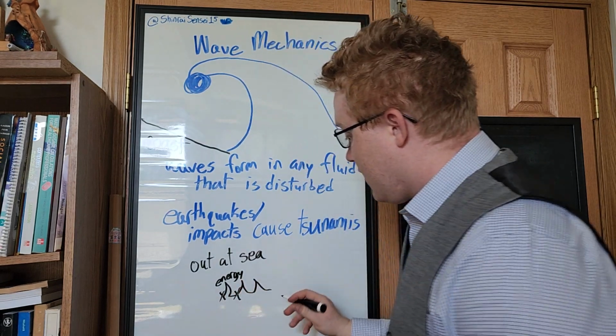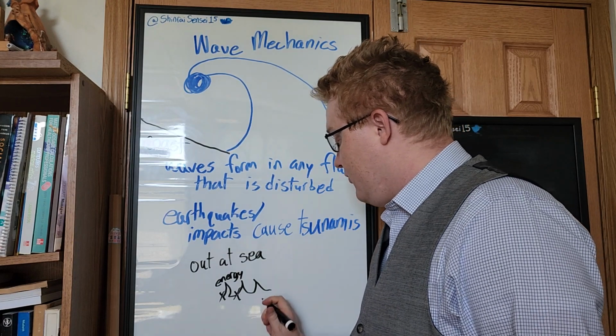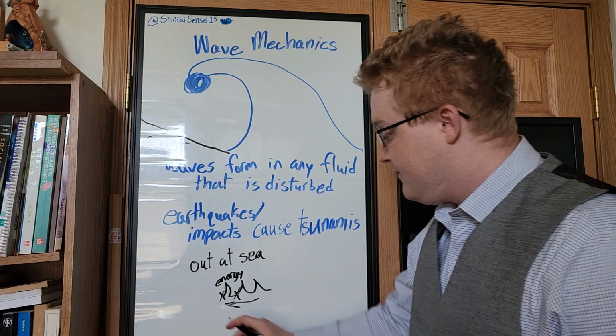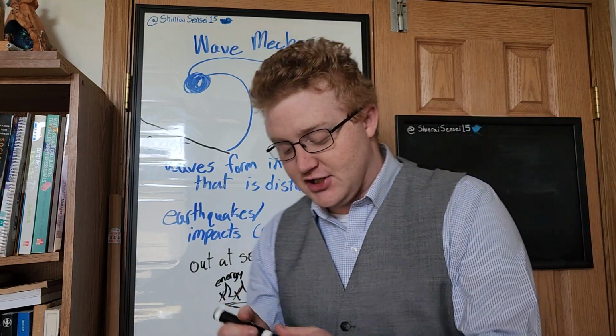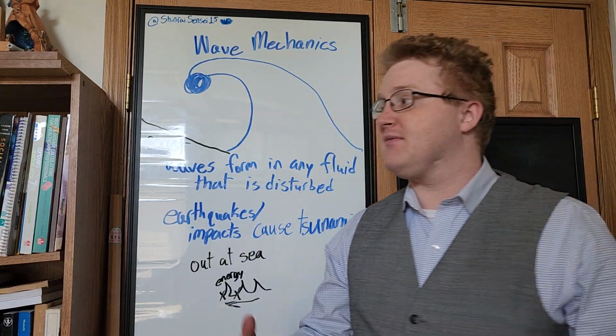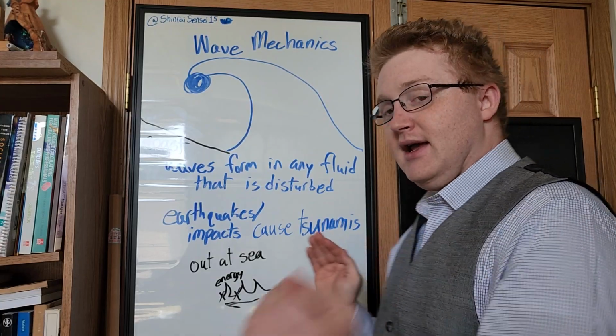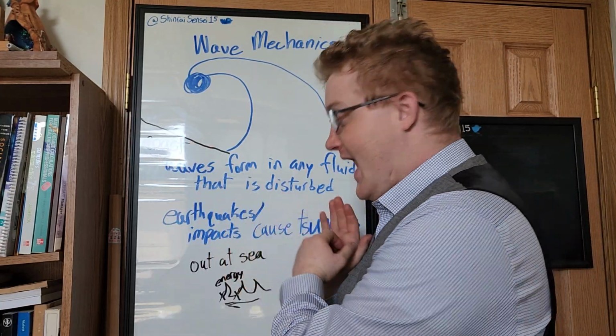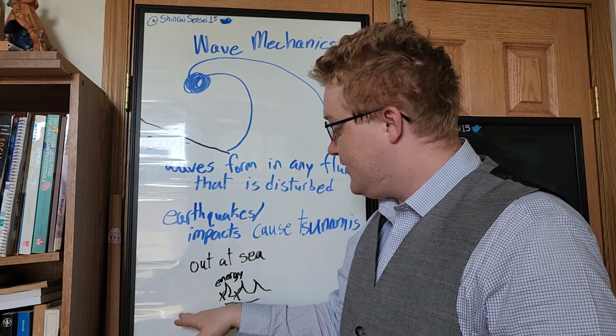So the energy of the water back here is trying to go faster than the energy of the water in front. And so it's actually the restriction of the fluid itself, the medium that the energy is trying to travel through, that is causing the waves, because the medium can't move as fast as the energy being put into it.